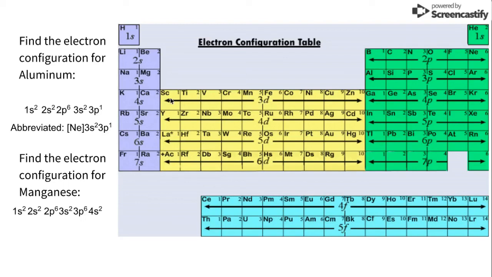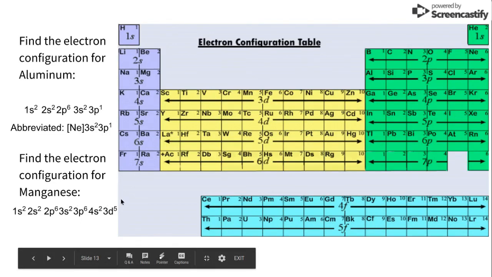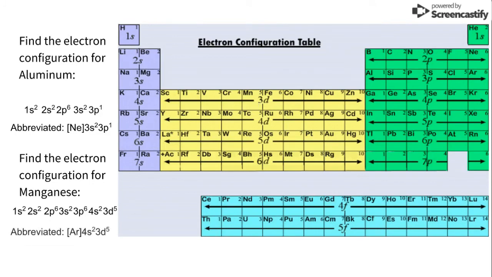So I'm going to count 1, 2, 3, 4, 5. Manganese ends with 3d5. If I add up those electrons, it will add up to the total number of electrons in manganese. I could write the abbreviated for manganese by finding the noble gas that comes right before it. That's argon, and then just doing the configuration after argon. 4s2, 3d5.